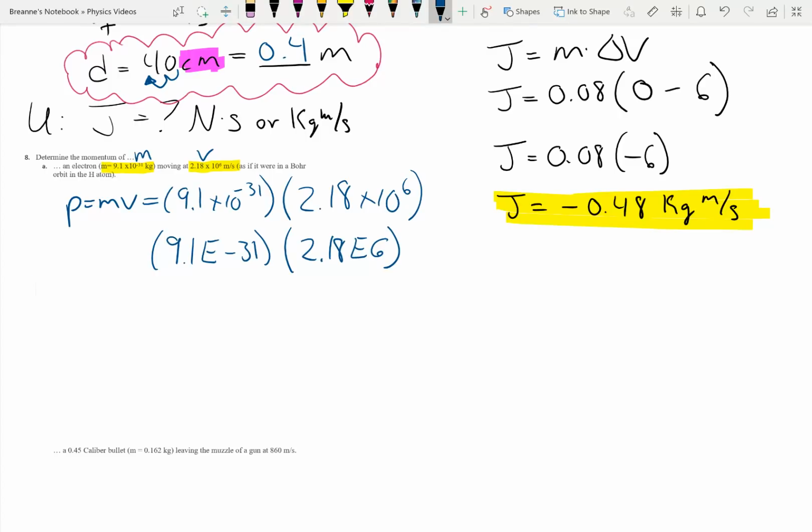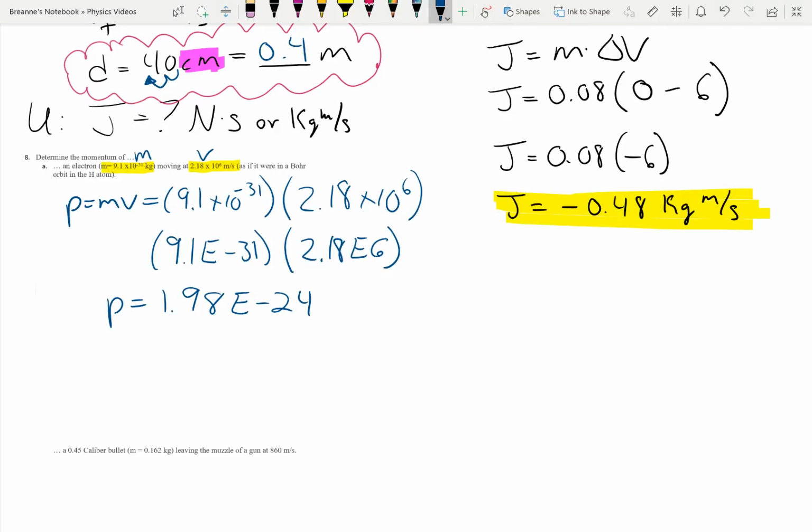And you want to make sure you put a negative 31 in parentheses, times parentheses 2.18, second comma to get that capital E 6. You can plug it in just like that. You don't have to worry about plugging in tens or anything like that. Enter, and you get that your momentum equals 1.98 capital E negative 24.